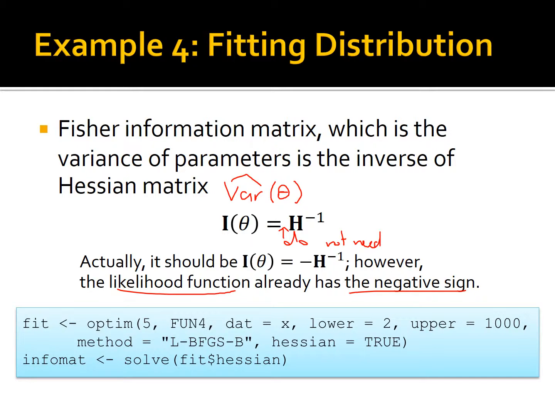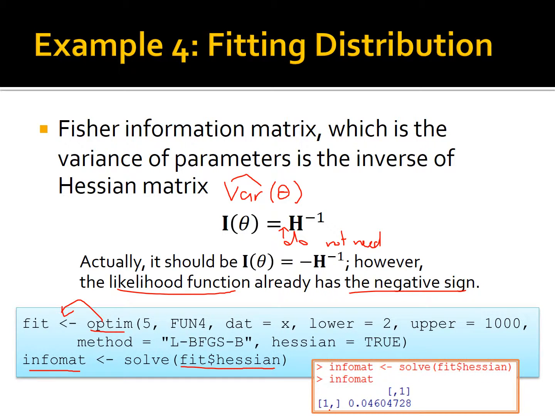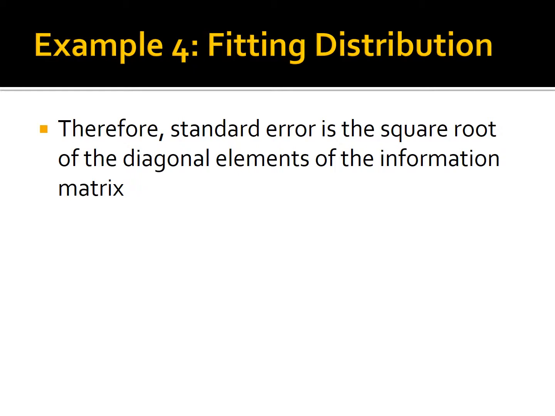Okay. So we can save the result of the optim function as, let's say, fit, and then the information matrix is assigned as the inverse of the Hessian matrix from the result, and we got the information matrix equal to 0.046. We have only one element because we had only one parameter. And then the standard error is the square root of the diagonal element of the information matrix.